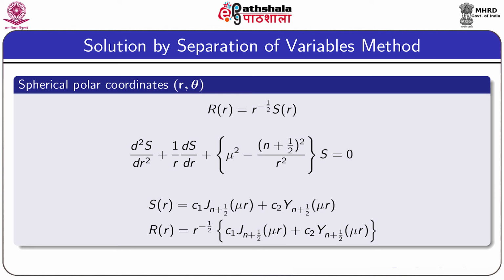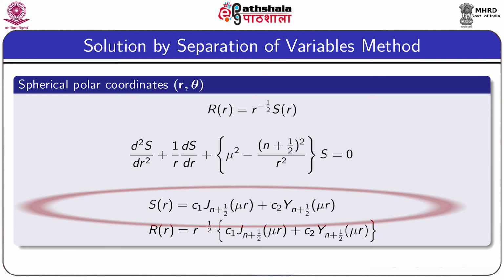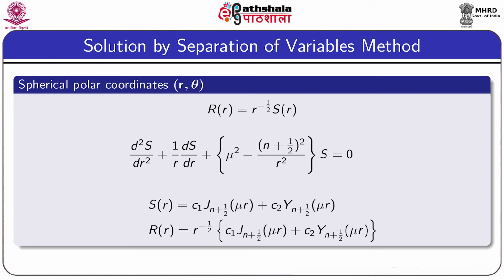So, the solution can be written as S is equal to C1 J n plus half of mu r plus C2 Y n plus half of mu r, where J and Y are Bessel's functions of order n plus half, of the first kind and second kind respectively.